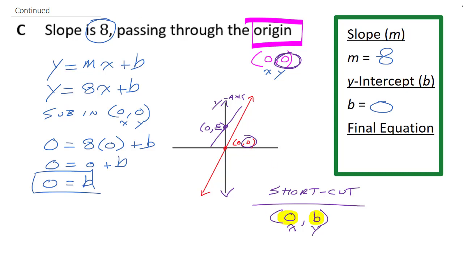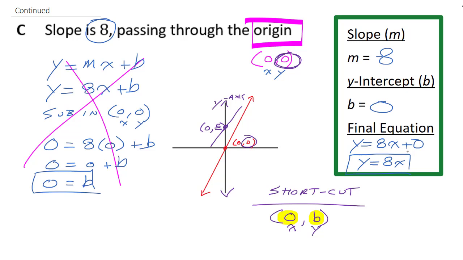So in this case, x was 0, it's the origin, y is 0. Because remember, no matter where our line crosses the y-axis, the x coordinate always has to be 0. So maybe this is 5 up, and in this case, if my line went through there, the y-intercept would be 5. So if you want to skip all this work and just write the answer, this is one I wouldn't expect you to show work. You could just jump to the final answer and go, okay, y equals 8x plus 0, but we don't write that. We write y just equals 8x. So if we don't see that number behind, we know the y-intercept is 0.